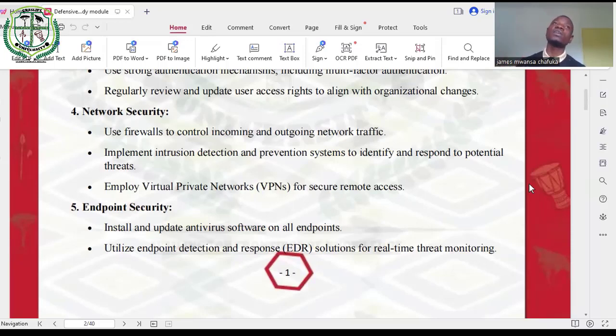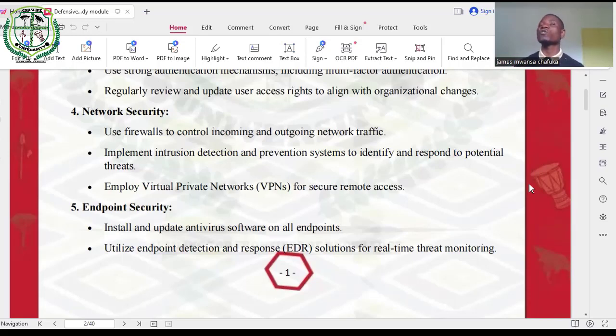This is the reason why it is important to put up a firewall, because a firewall acts as a security personnel within the network. Hence it does not allow any unauthorized access into the network. Very important.